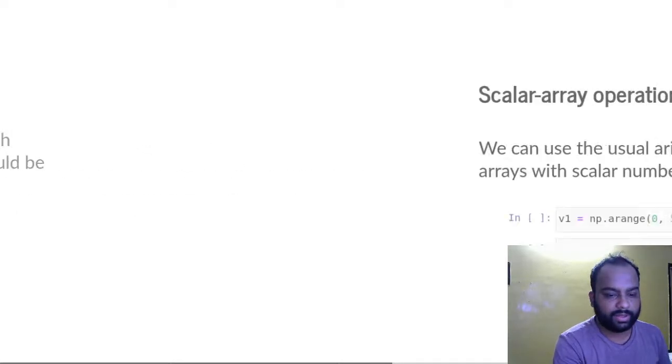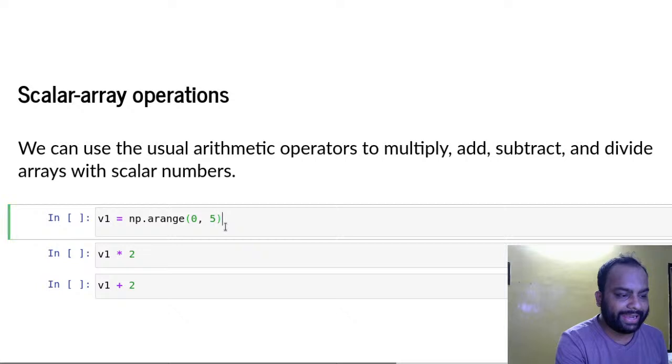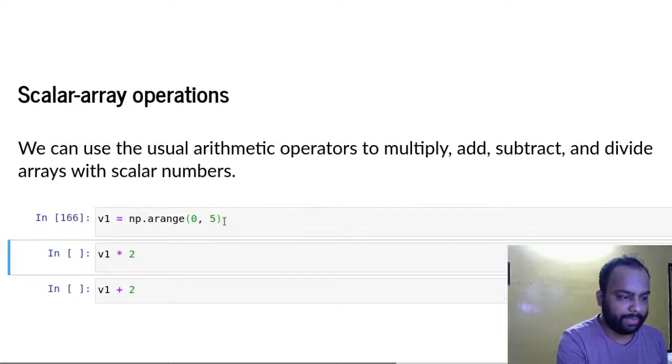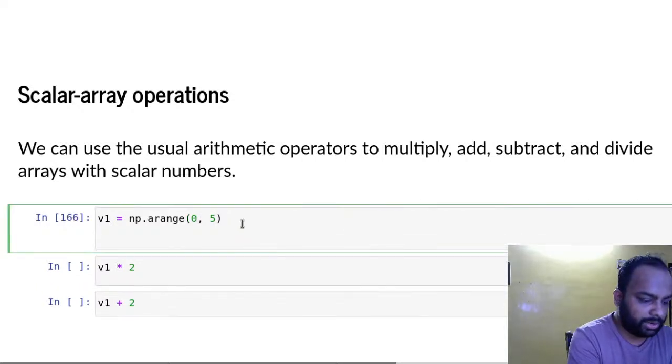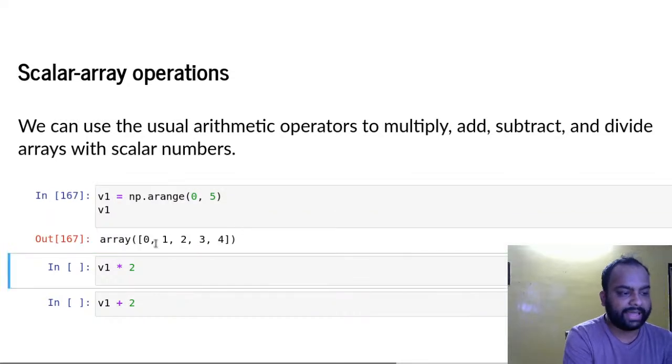Let's create a very simple NumPy array, starting from 0 going up to 5 in increments of 1. I can do very simple array operations.